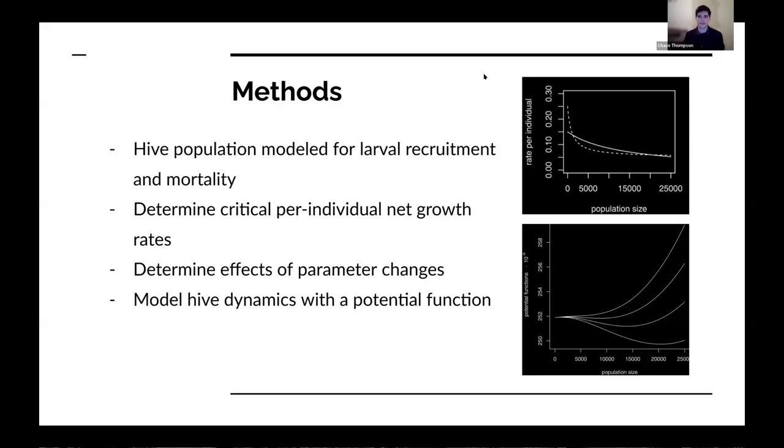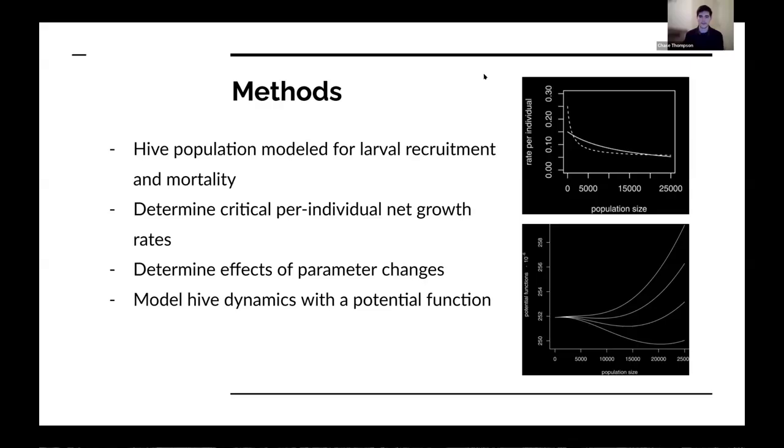This population graph and the parameters were then used to create a potential function which represents the stability of the system. For a potential function, the wider and steeper the function is, the more stable it is.